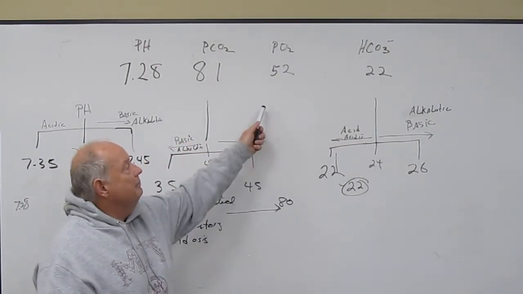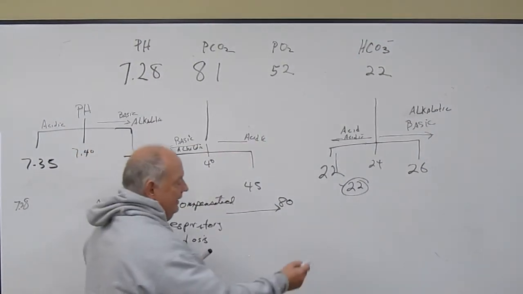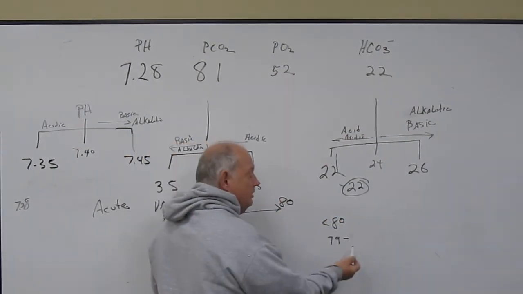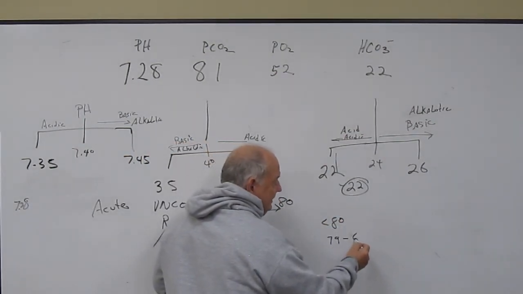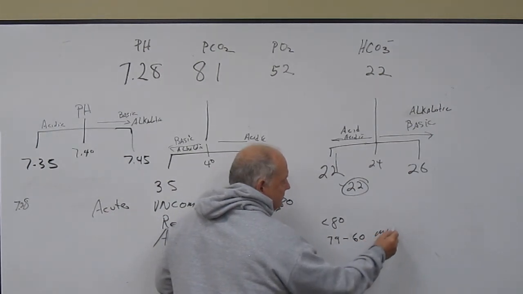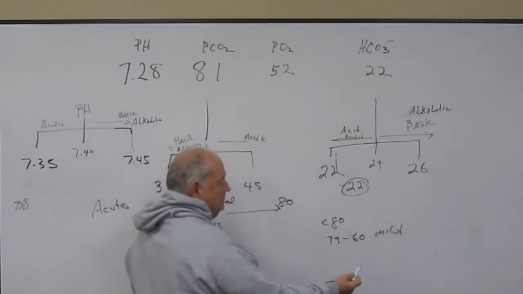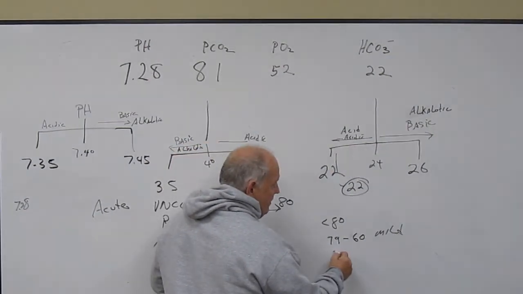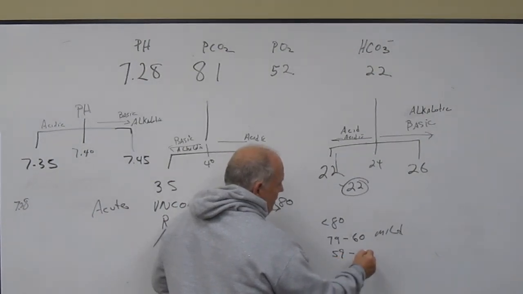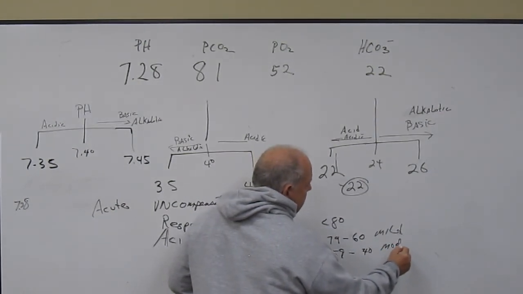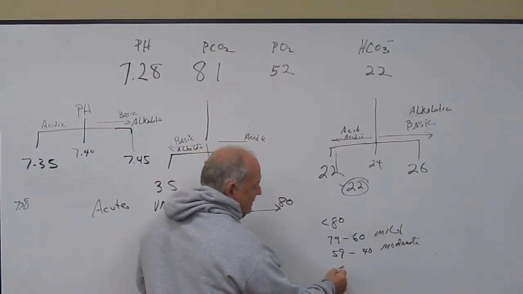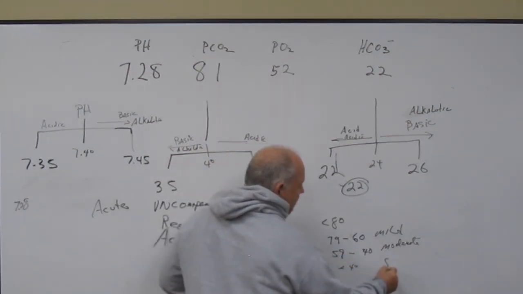Now, let's look at our PO2. Our PO2 is less than 80, 52. So we remember 79 to 60 is mild hypoxemia, and this is less. This is 52. We remember that 59 to 40 is moderate. And we remember that less than 40 is severe.